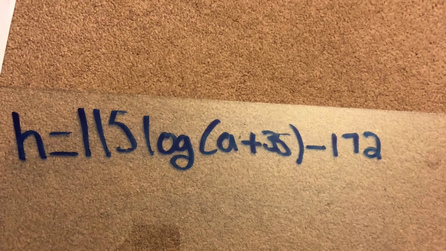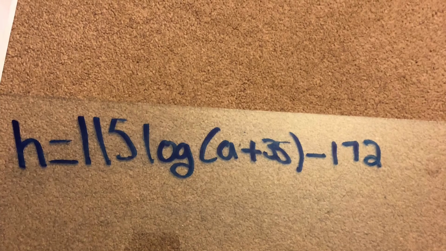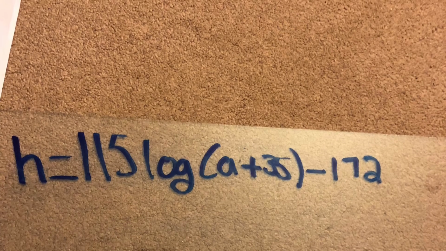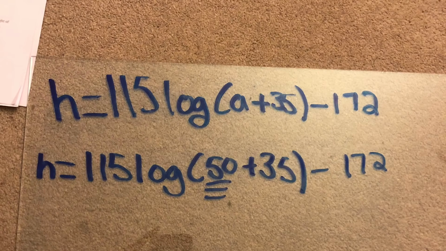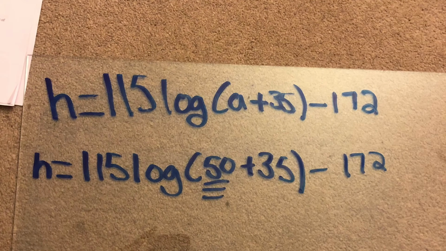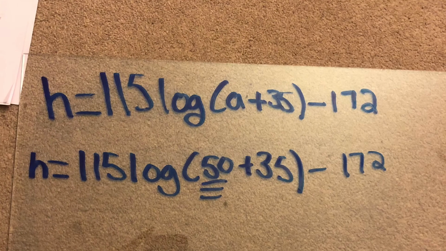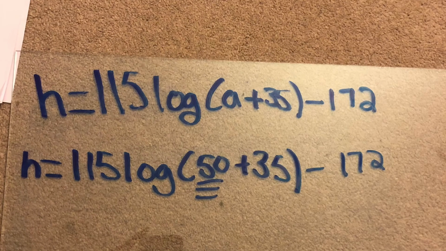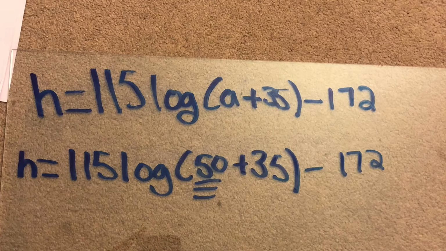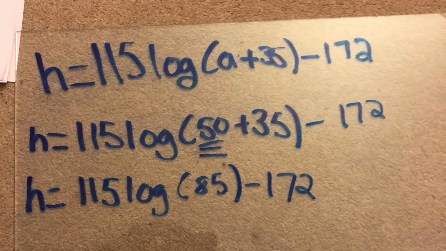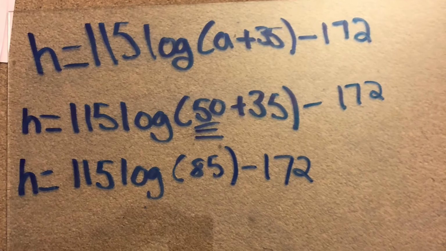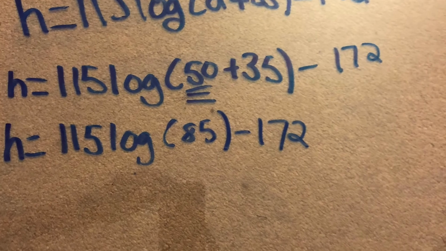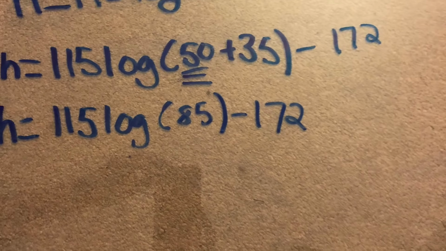And first we want to write out the equation, which is H equals 115 log A plus 35 minus 172. Since A is the antler spread, and it gives you the antler spread, which is 50 inches, you want to plug 50 in for A. So when you simplify, 50 plus 35 equals 85.